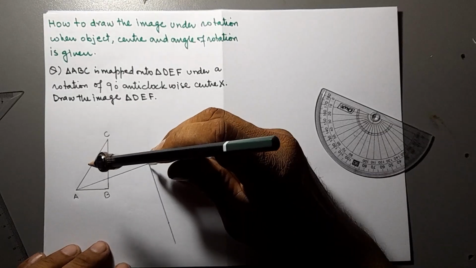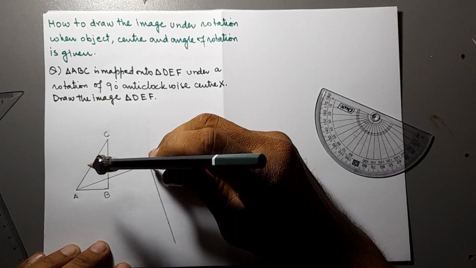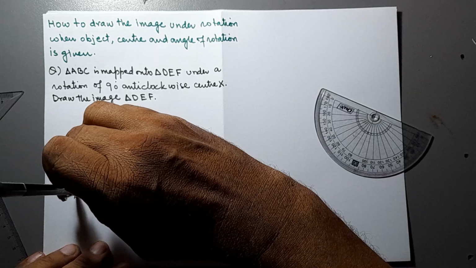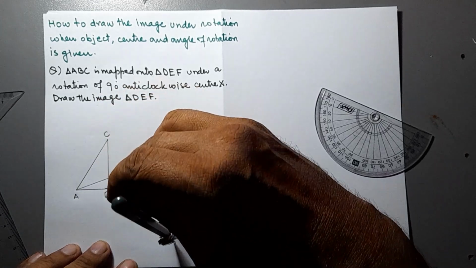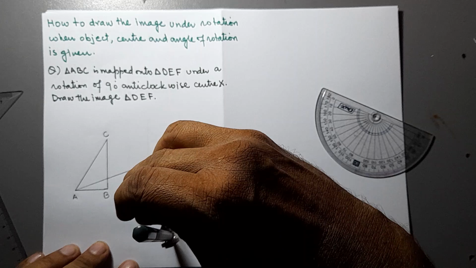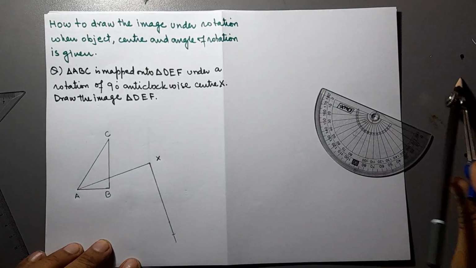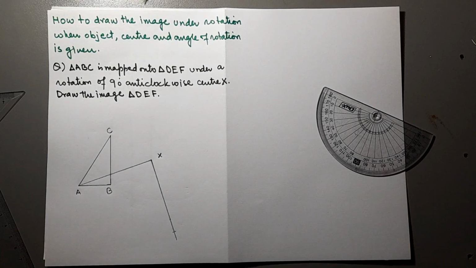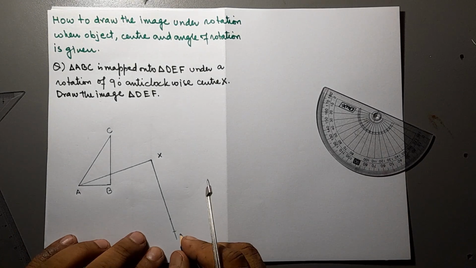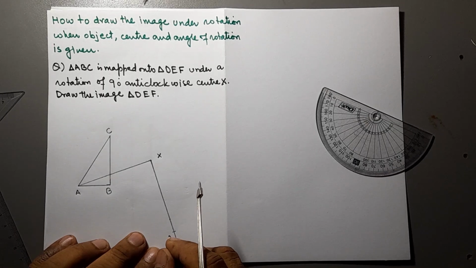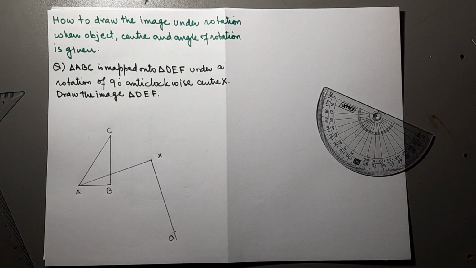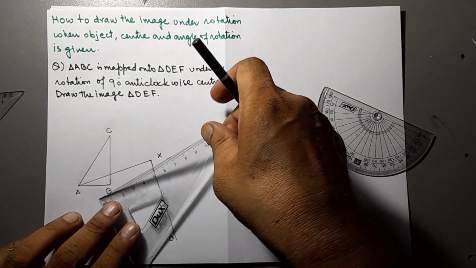Now the distance of A from X is this. The distance of the image should be the same one. This one is the point D after a rotation of 90 degrees about the point X.